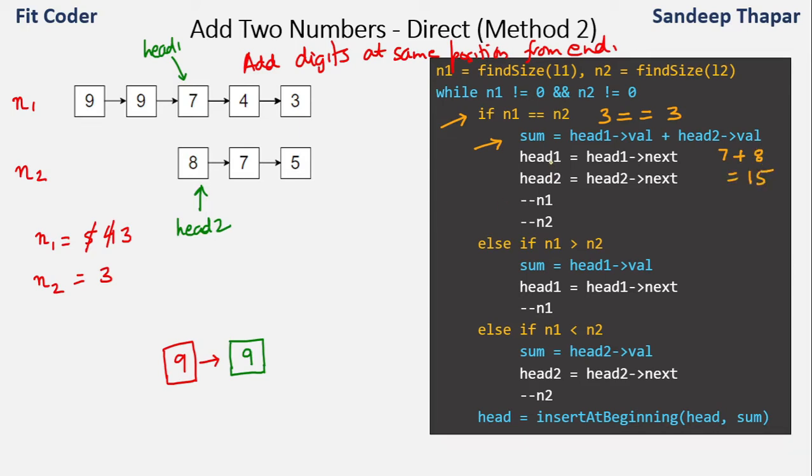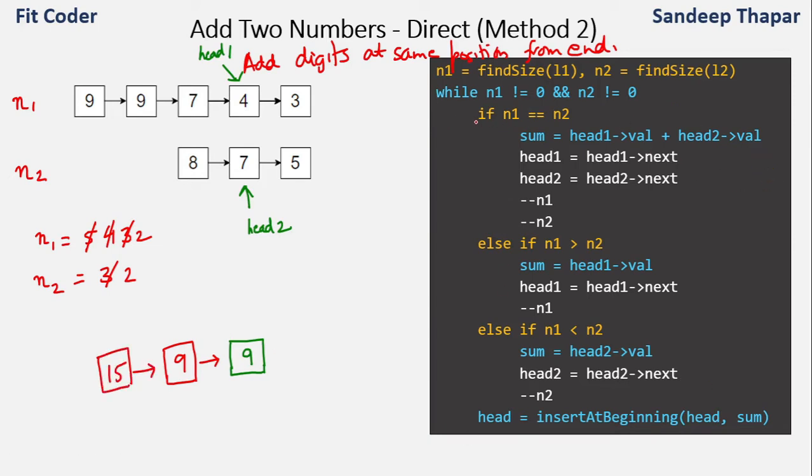And then we move head1 and head2 to the next node. So head2 comes at 7 and head1 comes at 4. Then we decrement both n1 and n2. So n1 becomes 2 and n2 also becomes 2. And then we create a new node at the beginning of the linked list with the value 15.